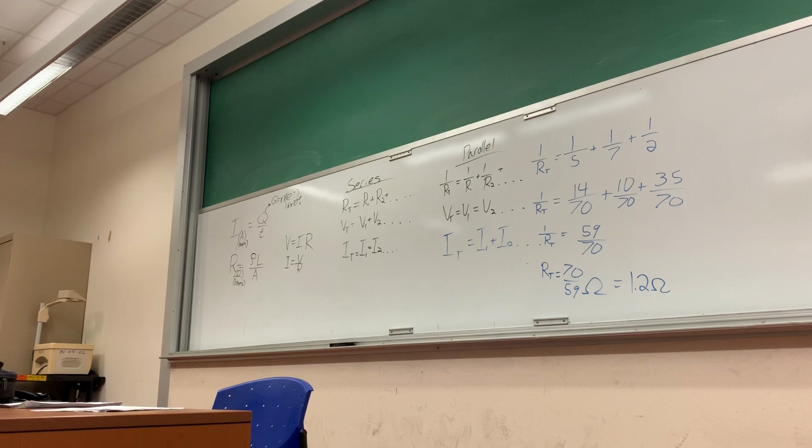What would we fill in next? Well, the current's the same everywhere, so we could write 0.1 in everywhere. And then we could do I times R in each individual one to find V1, V2, V3.